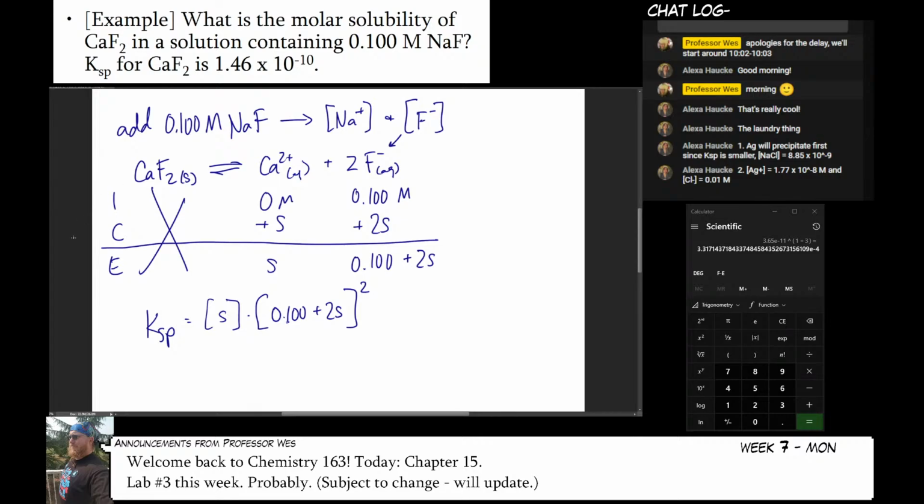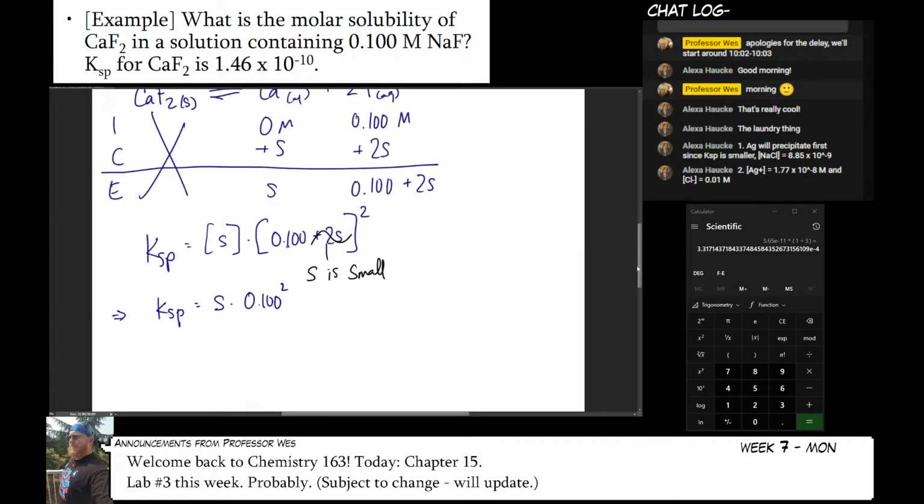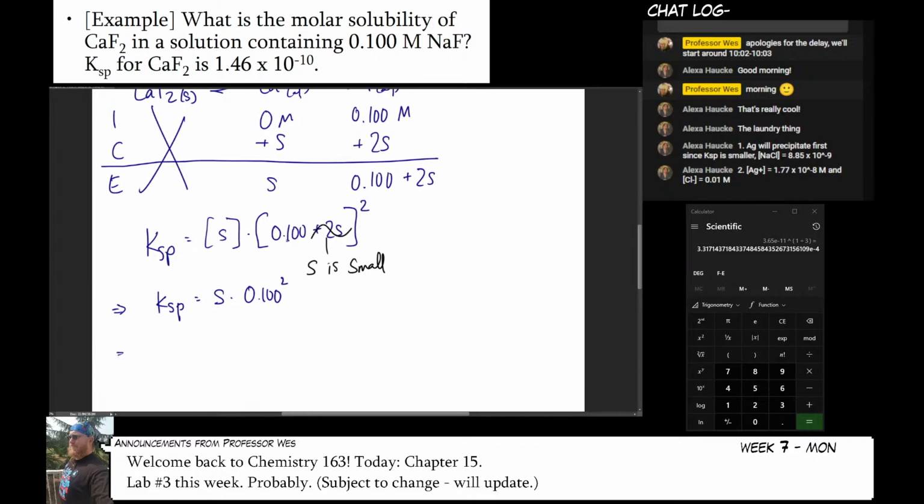Now, this looks like a quadratic, so we could go to Wolfram Alpha, but almost certainly S is small compared to 0.1. So that's going to make this just become this expression, and that's trivial to solve for.